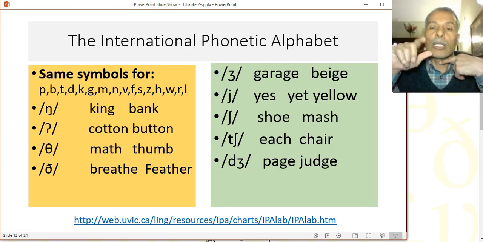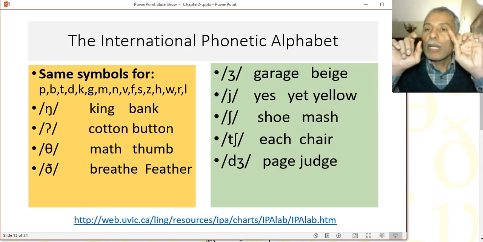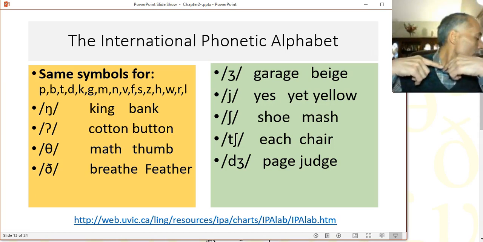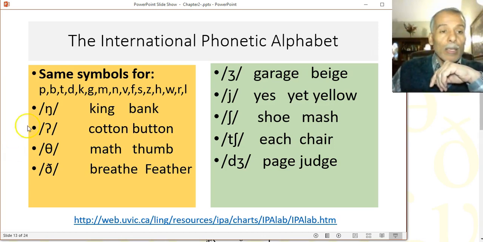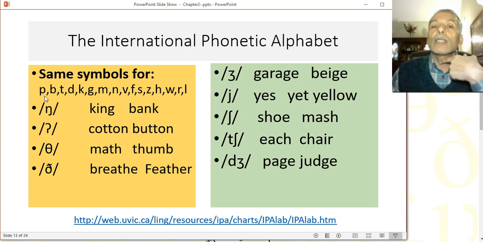Several of these consonants come in pairs. Each pair would be very similar, but they differ only in voicing. So, for example, P and B.